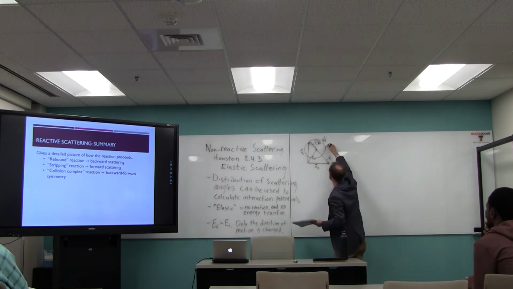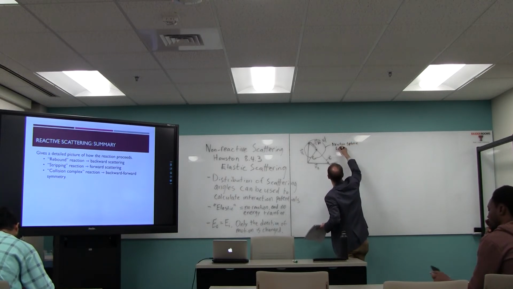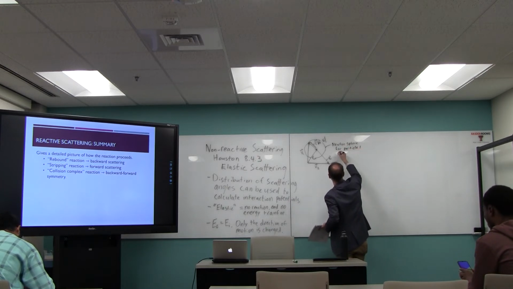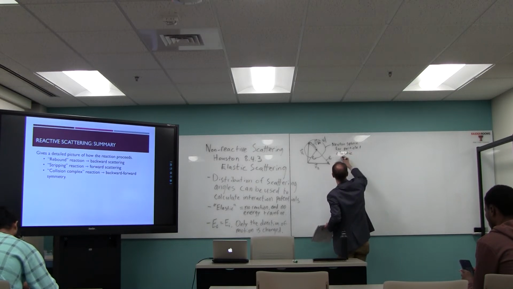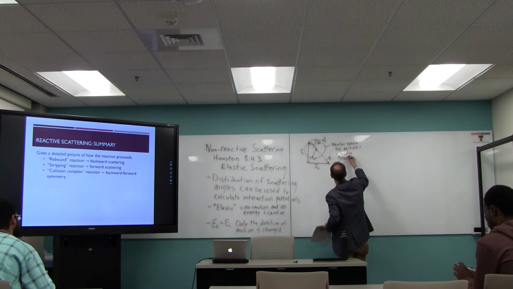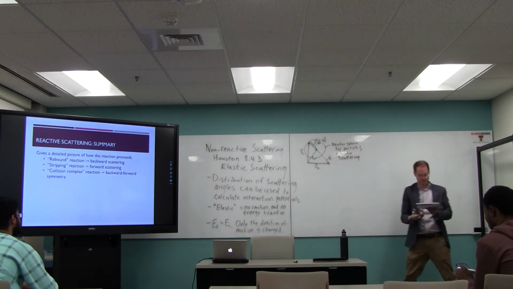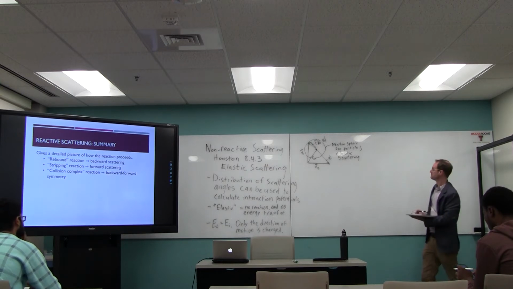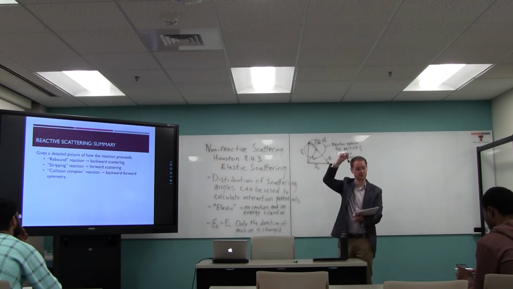Right, so this is the Newton sphere for particle 1 in an elastic scattering process. Okay, does that make sense? So it's relatively simple. There's only one energy that's allowed, but the direction could change.